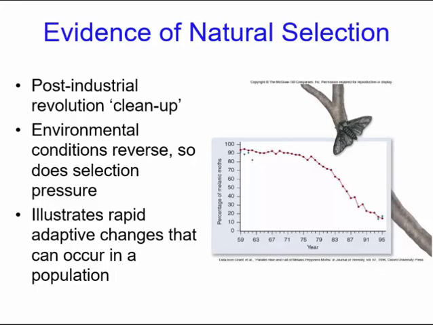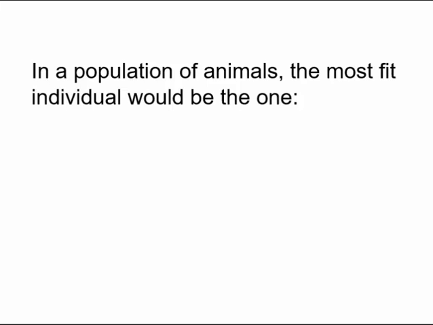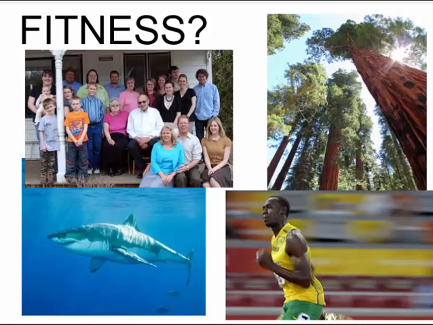But first, a question. In a population of animals, the most fit individual would be what? Right. It's all about production of offspring. So I like to show this slide in thinking about fitness.